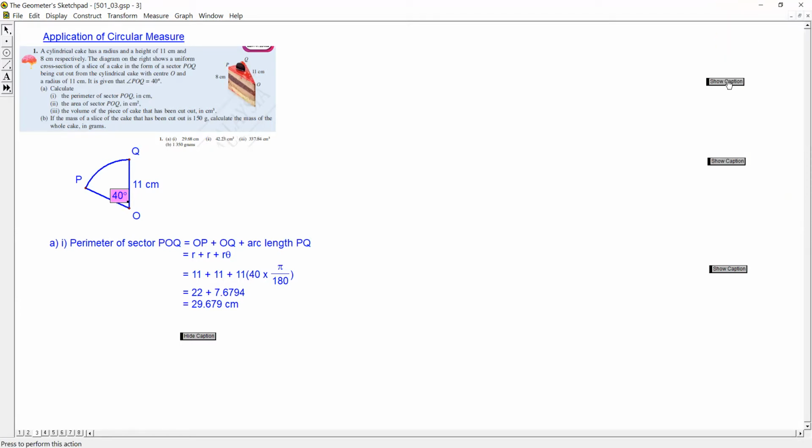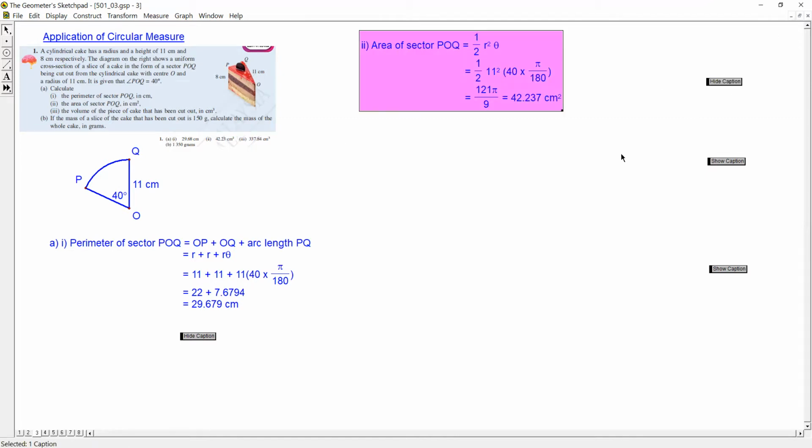Next, they want us to find the area of sector OPQ. So this sector here, this area here, OPQ. We use the formula half r squared theta. So to find the area of sector, half r squared theta.